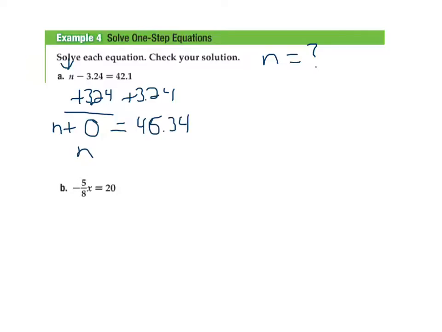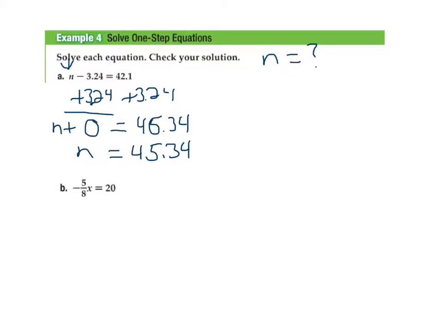So we find out here that n is equal to 45.34. Now, all we did is we added 3.24 on both sides of the equation, maintaining that equality and being able to get rid of the minus 3.24 that the original equation started with.